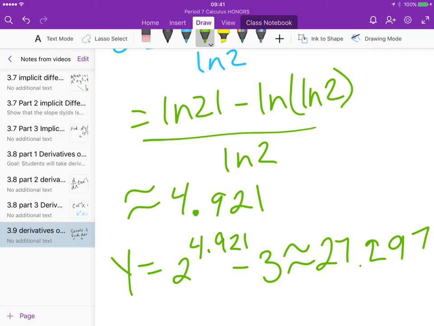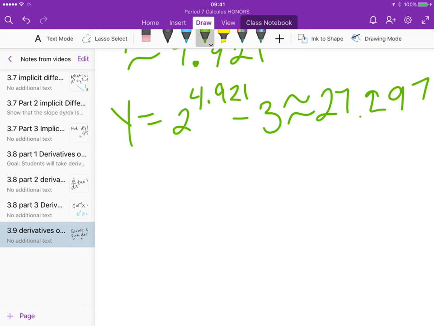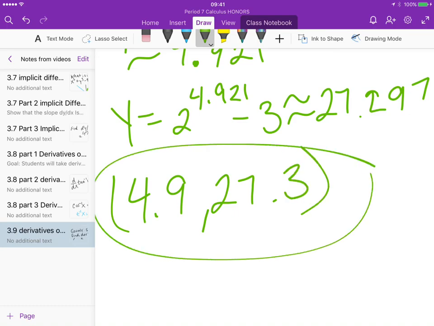So when this is all said and done, we can go ahead and answer the question by the point can be found at 4.92 or so, or 4.9, we would round to the tenths place, 4.9 and that 27 point roughly 3. And again, this is kind of an approximation that we're dealing with here, but this is our best bet that we're going to get in this particular example.